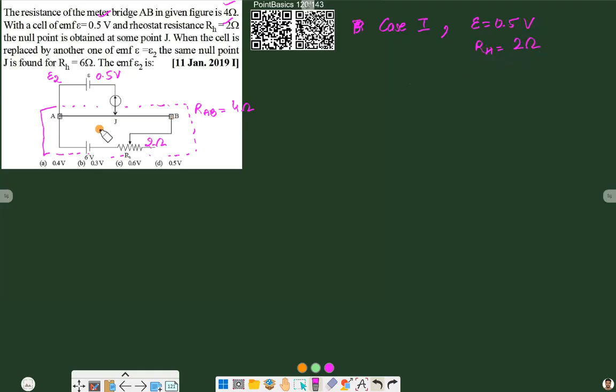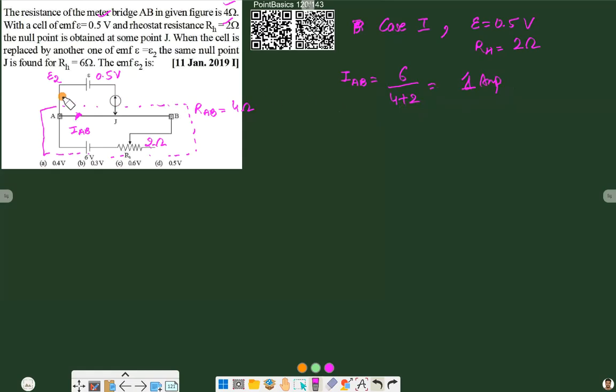Now the current in the lower part, or we can say IAB, will be the total potential in the lower circuit, that is 6 volt, divided by the total resistance, 2 ohm from the rheostat and 4 ohm from the wire. So 6 by 4 plus 2, that will be 1 ampere.